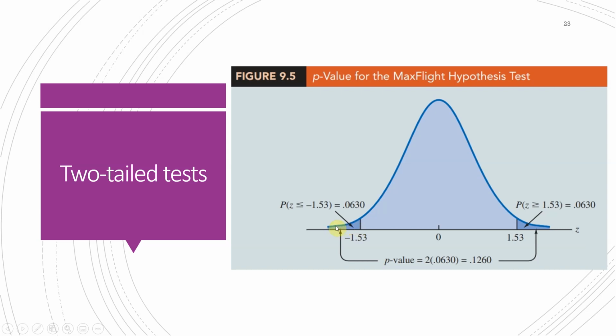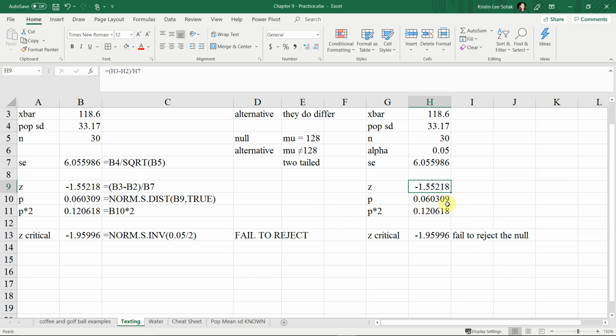What we're doing is adding this probability and this probability together to find the total probability, or total p-value. Just doubling this value, and that is our p-value. So again, if we're comparing this to 0.05, our number is not less than 0.05, so again, we fail to reject the null, and we come to the same conclusion.